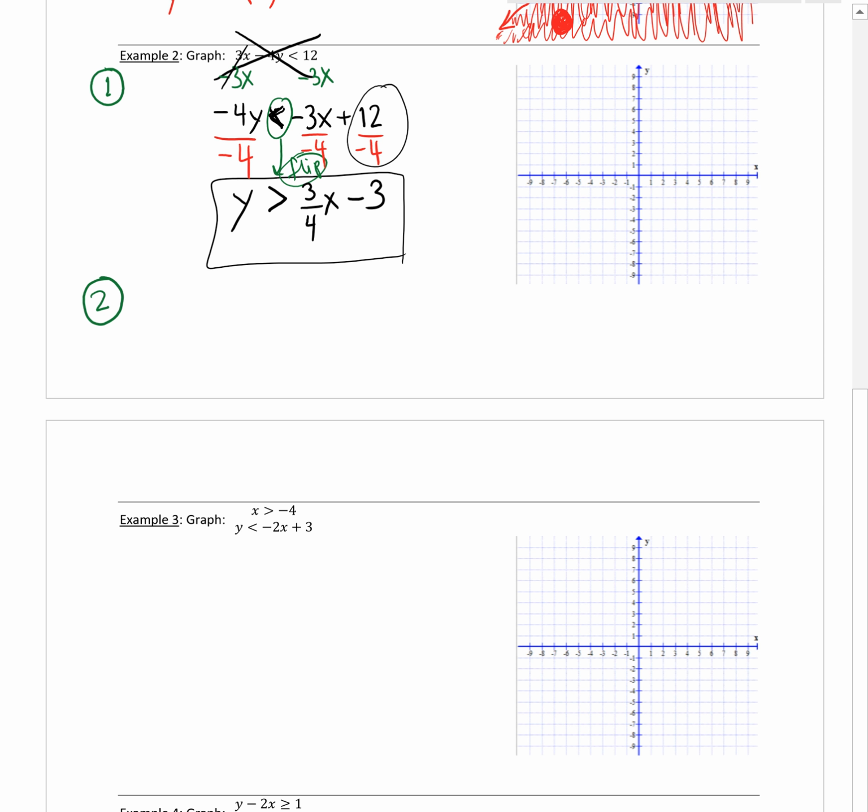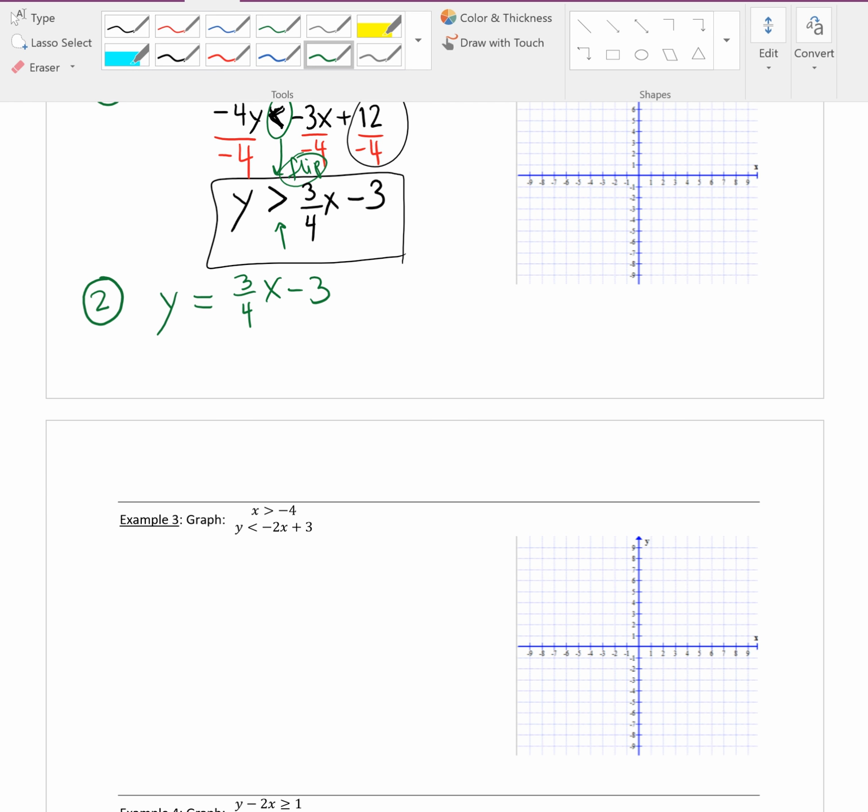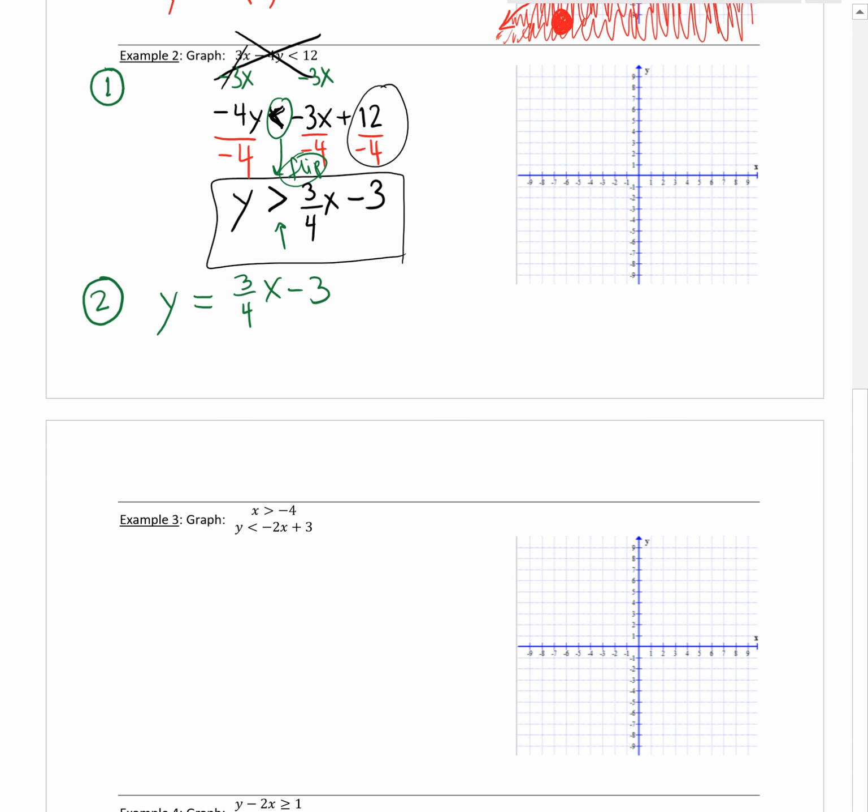The next step, if you remember, was to change the inequality symbol, ours is a greater than at this point, to an equal sign, and then graph that line. So at this point, you should always have y isolated, because step 1 was to get y by itself. In these problems, I think the easiest way to graph it is to use the slope and y-intercept, because you're going to have it in that form anyway. You might as well take advantage of that, right?